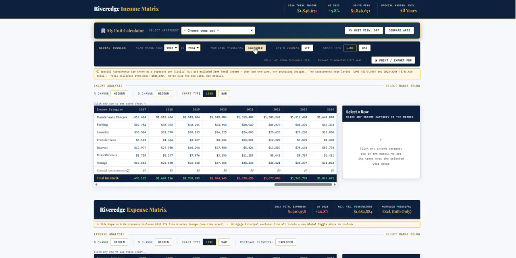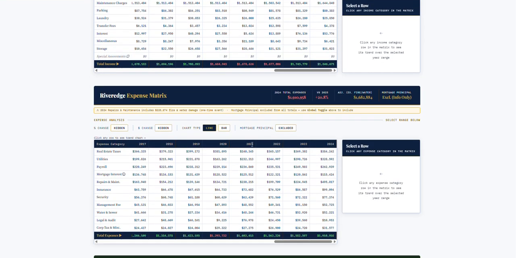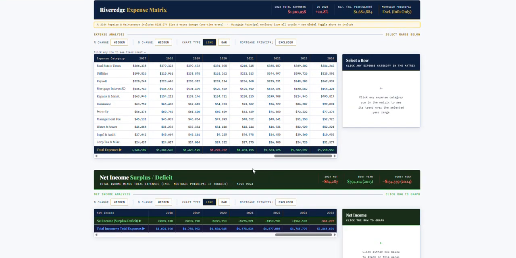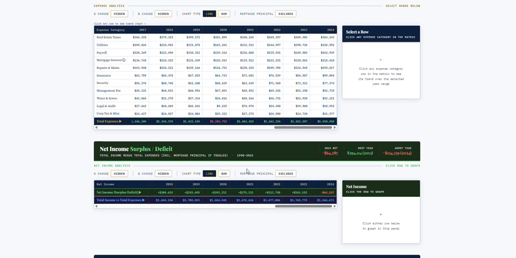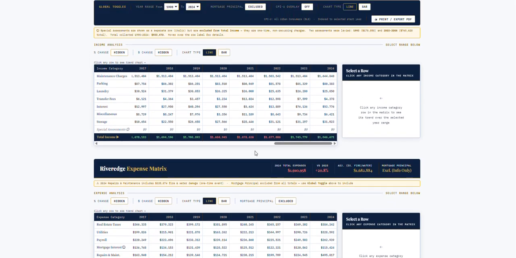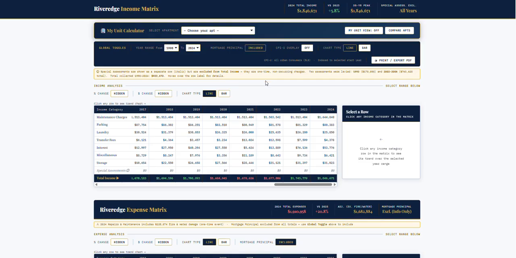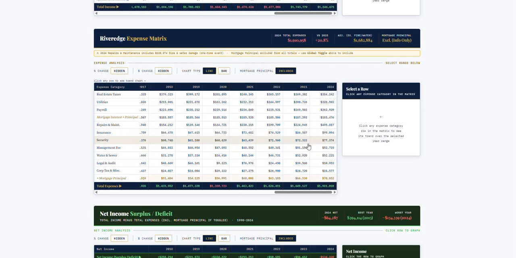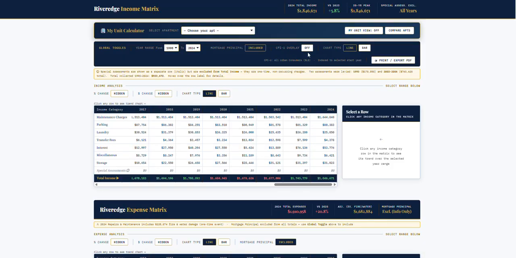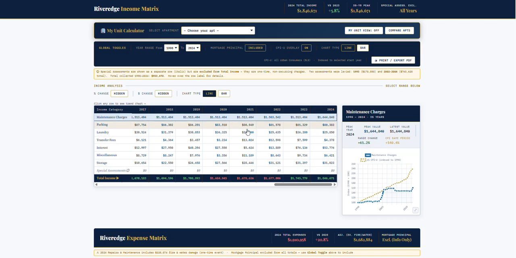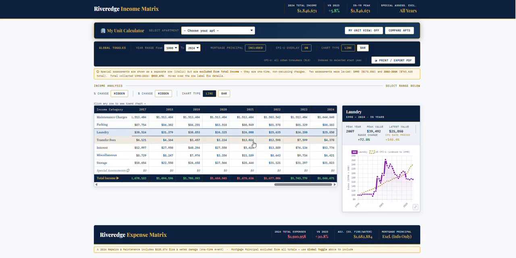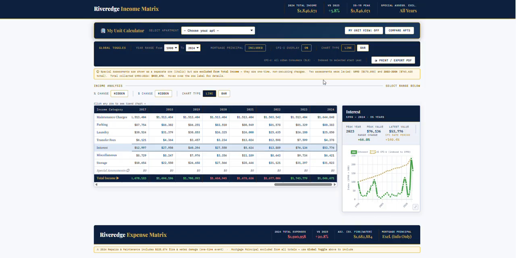If you exclude the mortgage principal, the net income will be equal to your audited annual reports. But if you include it, it will be off by the mortgage principal costs. Just keep that in mind. And keep in mind the CPI overlay. It's a very handy thing to use when you're measuring various things.